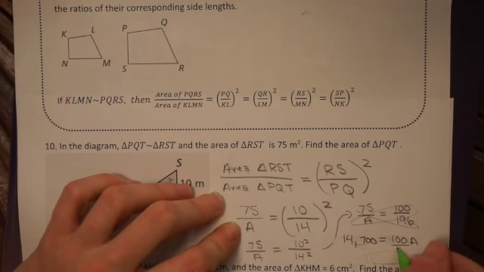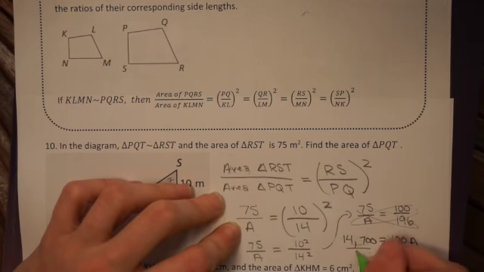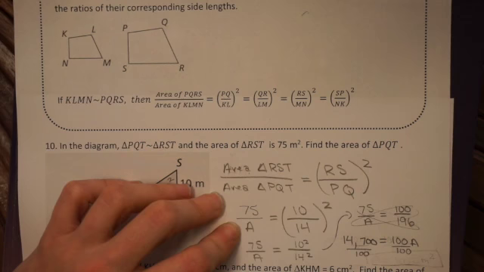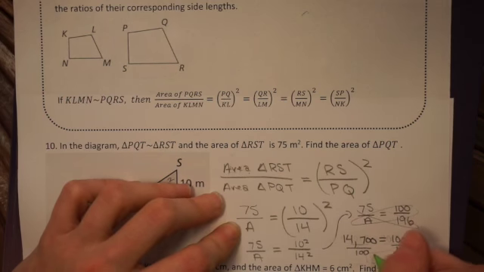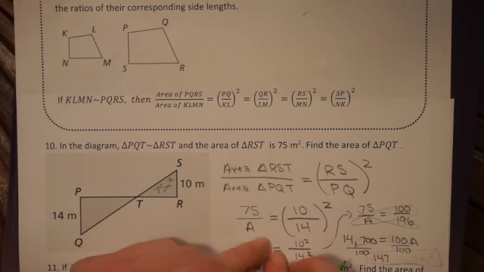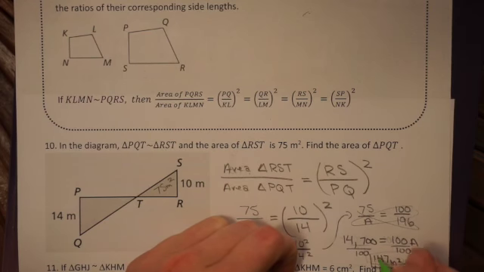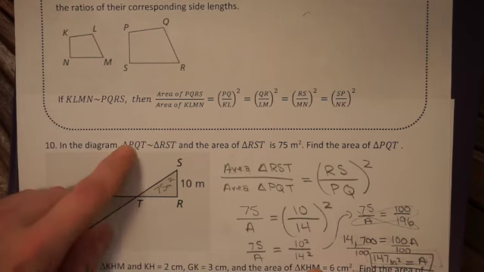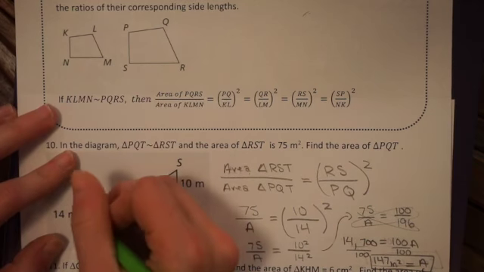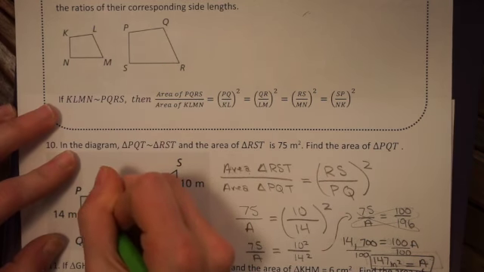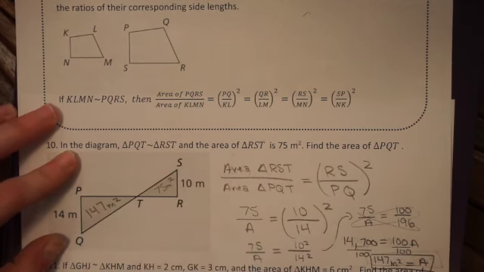So now all I have to do is divide both sides by 100 to get the area by itself. I should get 147, and we're dealing with area, so I'm going to have meters squared, which is the area for triangle PQT. So this is 147 meters squared.